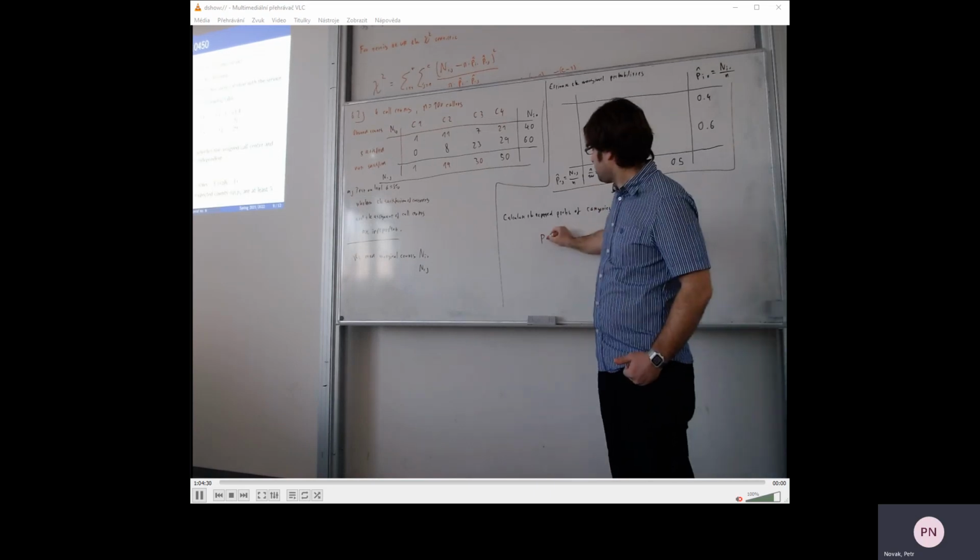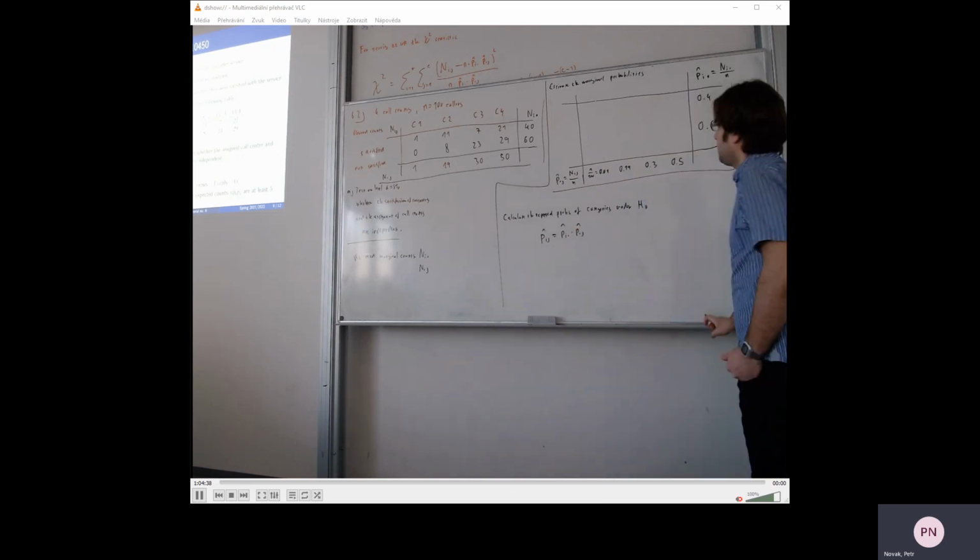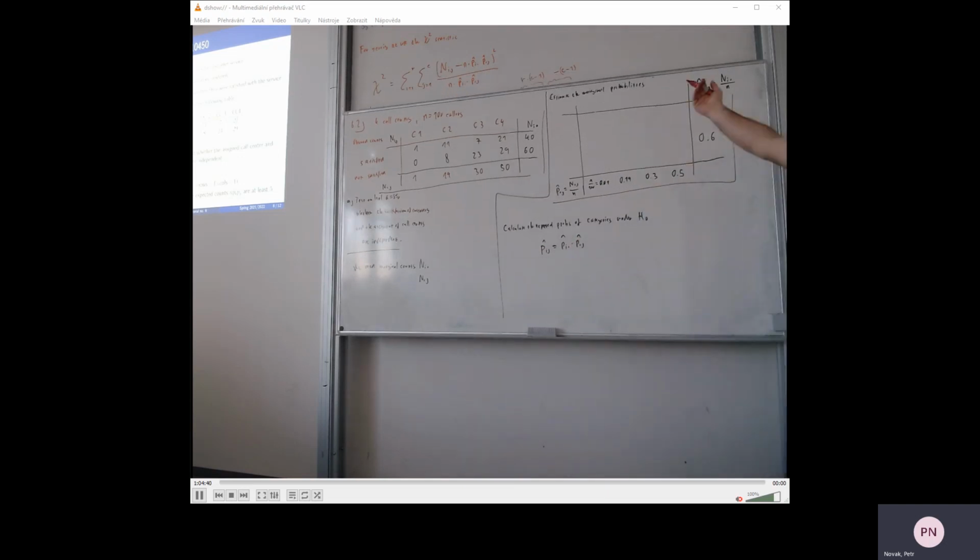Yeah, the P_ij hat is then P_i• hat times P_•j hat. So we just take the marginals, multiply them all together, and get the ideal estimations of probabilities under the null hypothesis of independence.